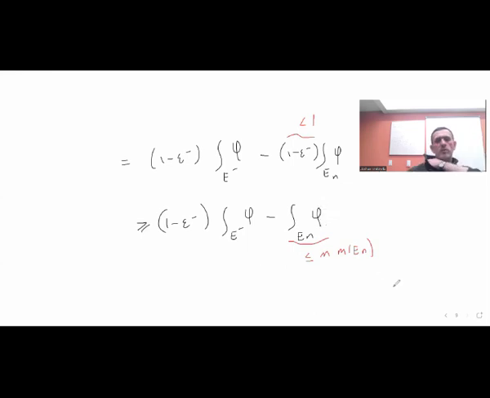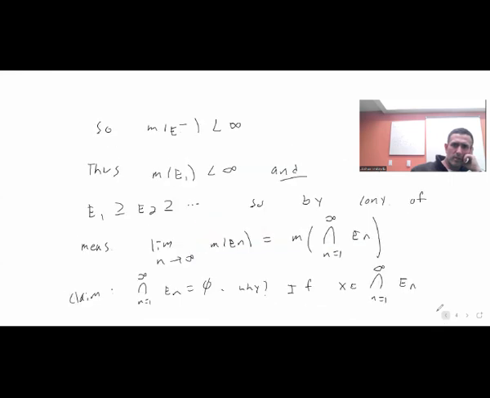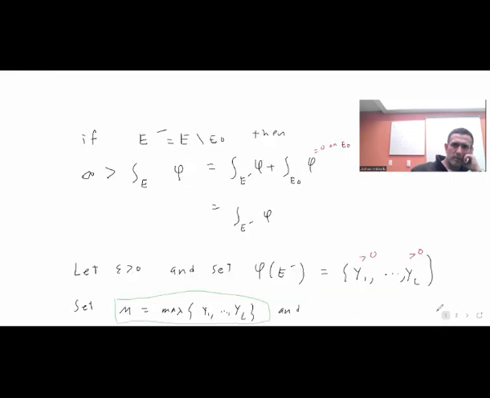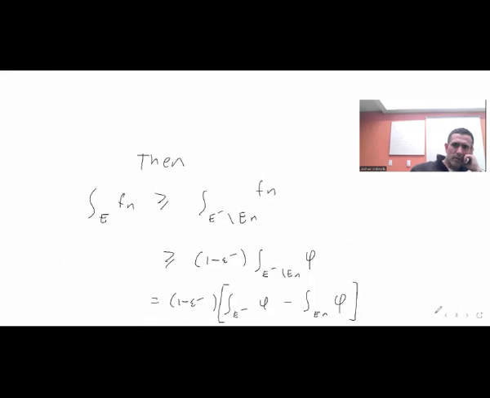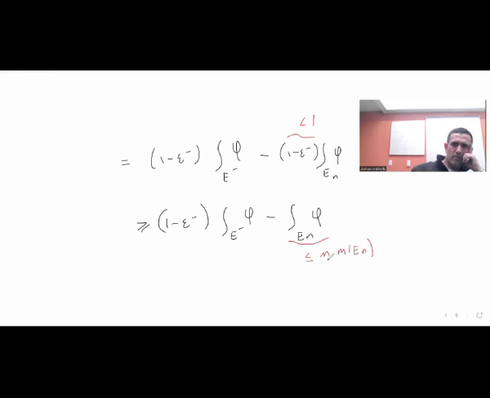Right, so remember the simple function is less than or equal to m, because m is the max of the range of the simple function on E prime. So it's less than or equal to m times the measure of E_n.